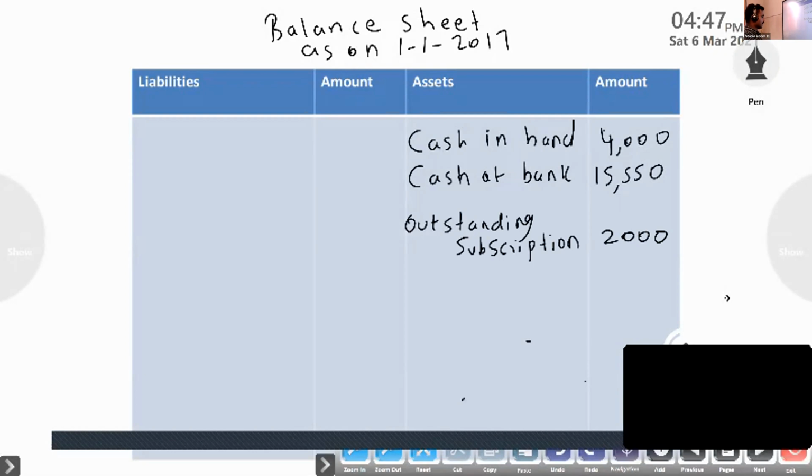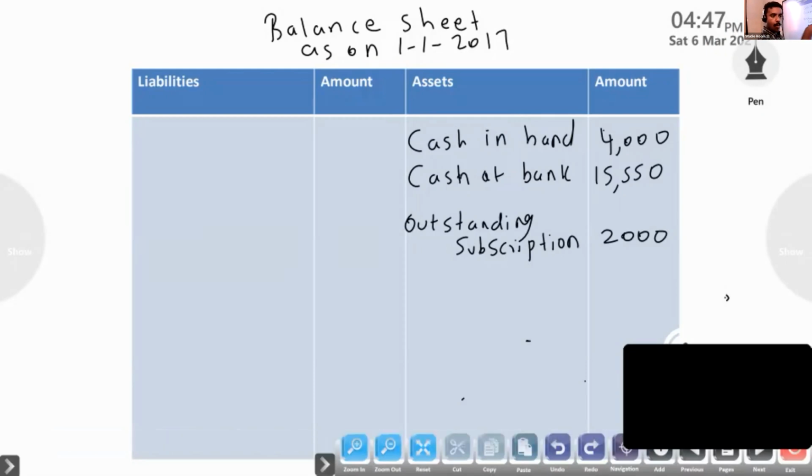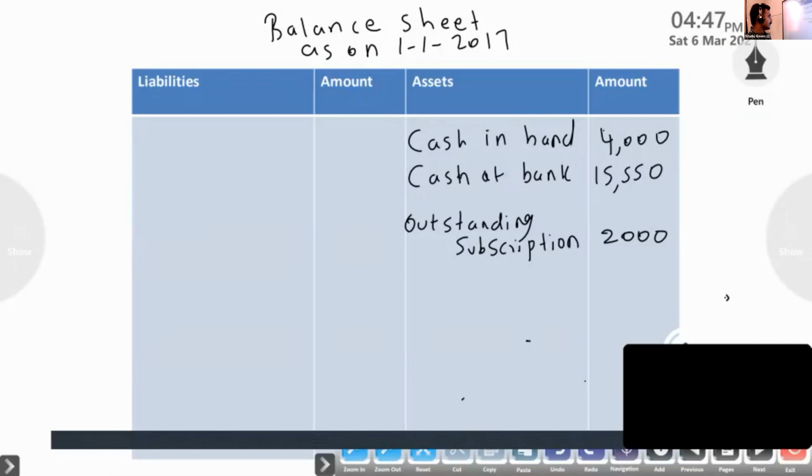Otherwise 2000. Any doubt? Suppose in the last question we did outstanding subscription, we will write 1200 because they didn't give outstanding subscription in the beginning. So last year we have to get 2000. If this is not given, last year we have to get 1200. Clear?